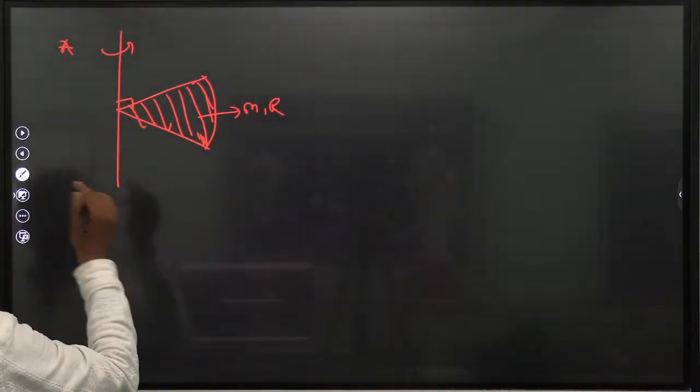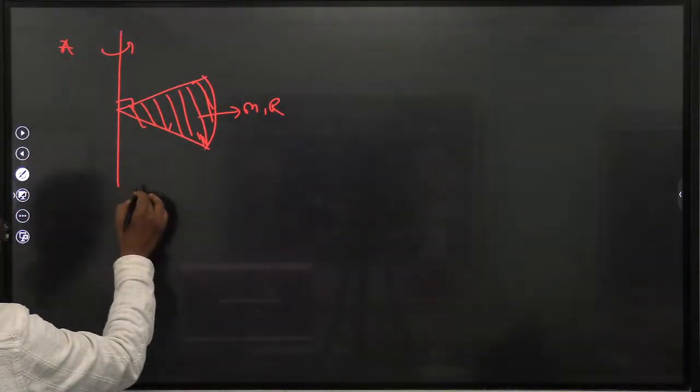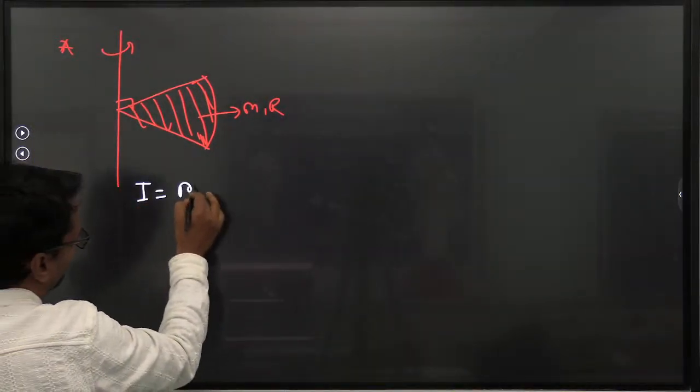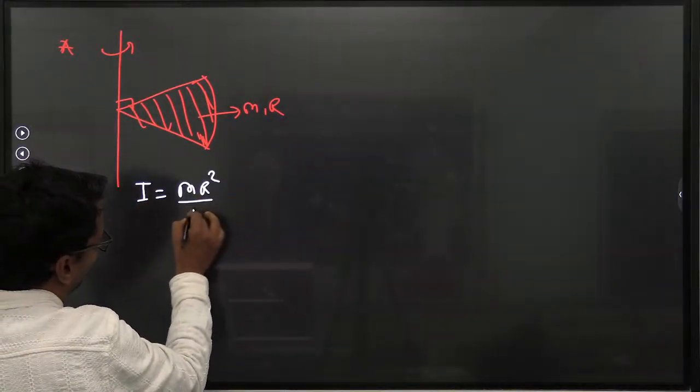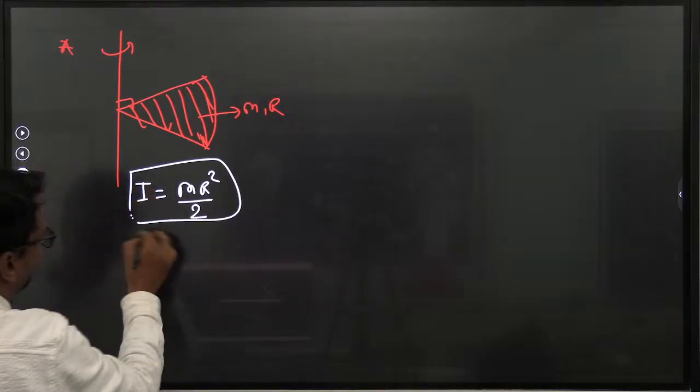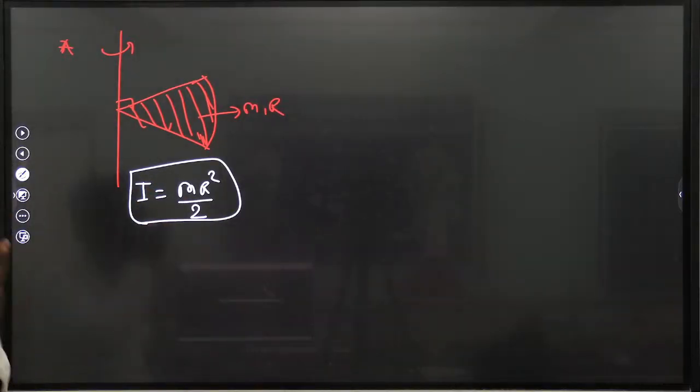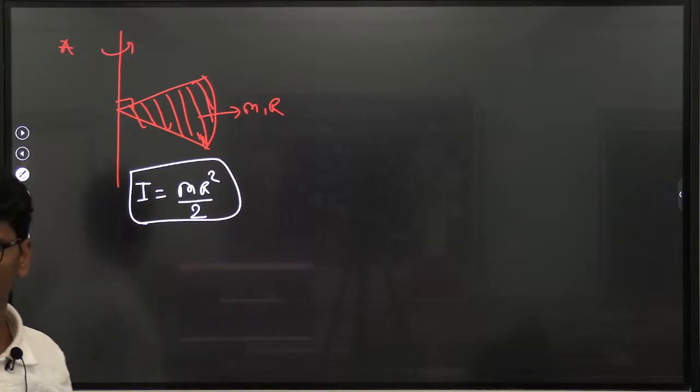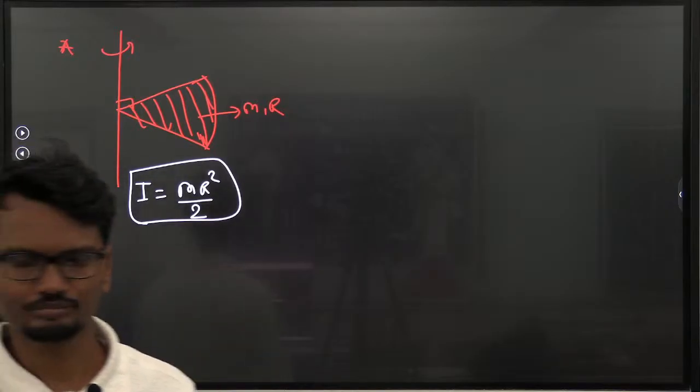Then what is the moment of inertia? Simply, the moment of inertia I is equal to mr square by 2. Clear? I think this is clear to all of you.